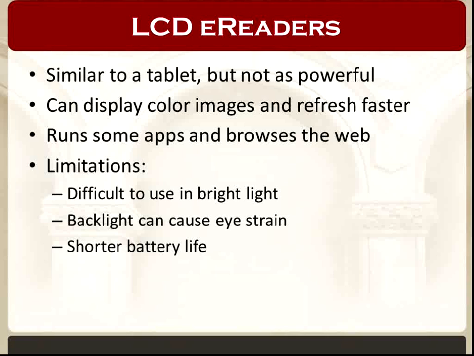So the processors are slower, the screens are smaller, they can't do as much. They can, however, display a color picture, which the e-ink couldn't, and they refresh faster. You can even run some apps, some games, and browse the web as opposed to just being limited to ebooks.